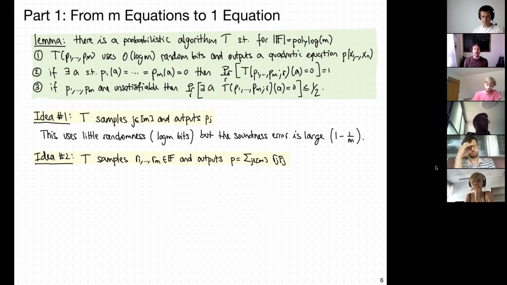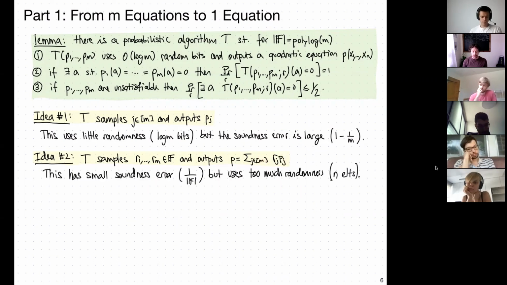This is essentially what we did yesterday, right? We chose some m field elements and we output this random linear combination. This is exactly what we did with the Hadamard. But something like that would give us an exponential blowup, an exponential size. So what is happening? This really has a small soundness error, like 1/|F| as we had yesterday, but it uses a lot of randomness.